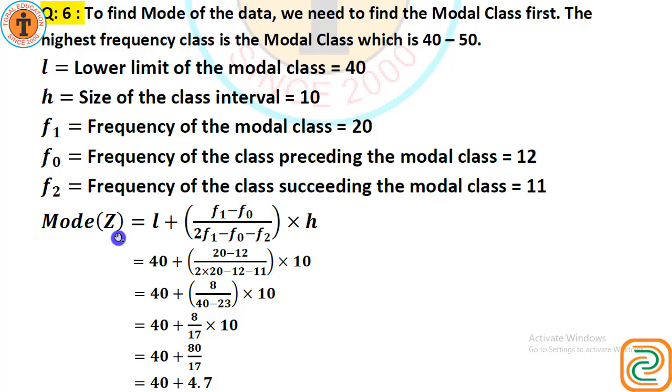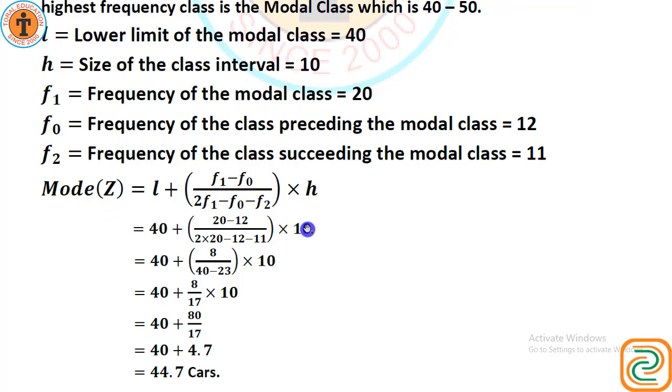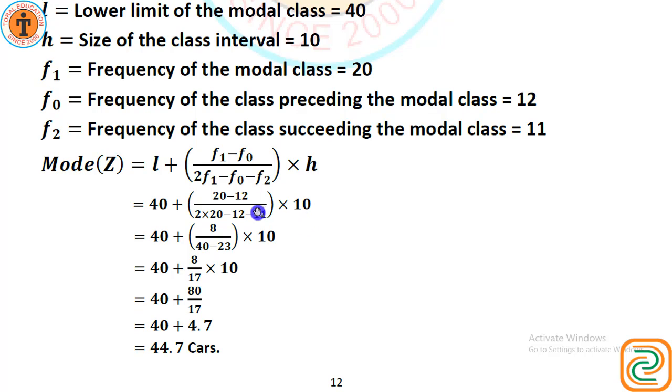Now mode Z equals L plus F1 minus F0 upon 2F1 minus F0 minus F2 into H. Put the values in the formula: 40 plus 20 minus 12 upon 2 into 20 minus 12 minus 11 into 10. 40 plus 8 upon 40 minus 23 into 10, because minus 12 minus 11 is minus 23. And 40 plus 8 upon 17 into 10.